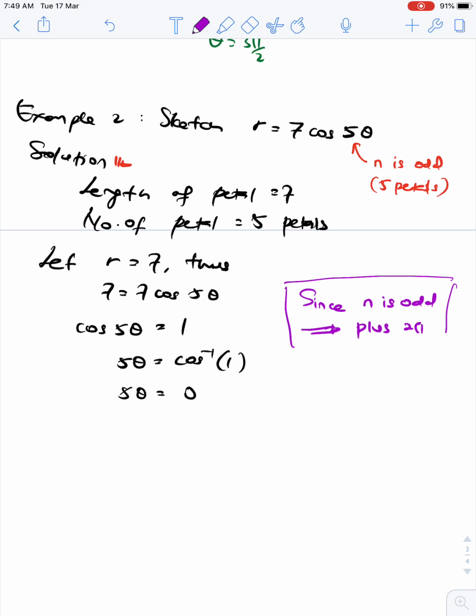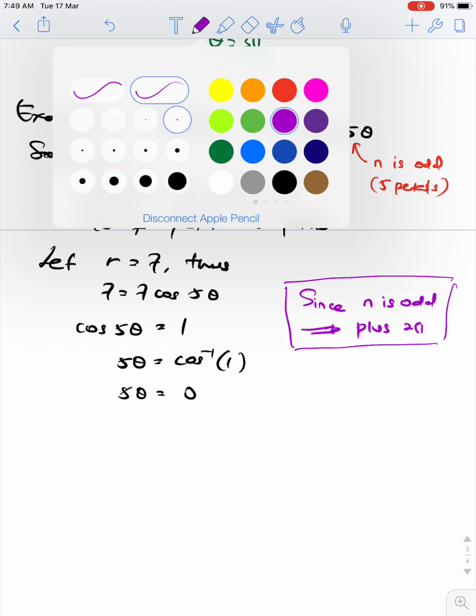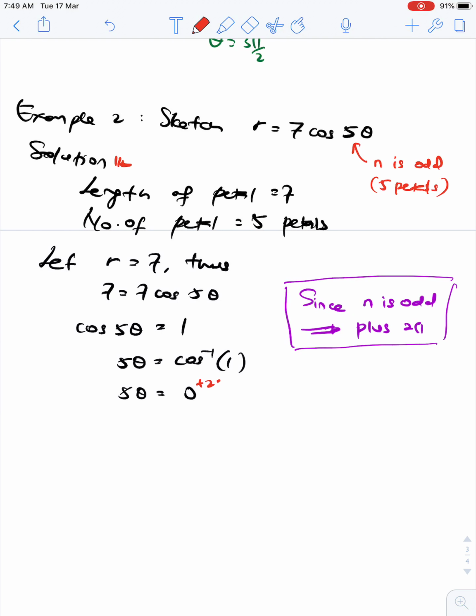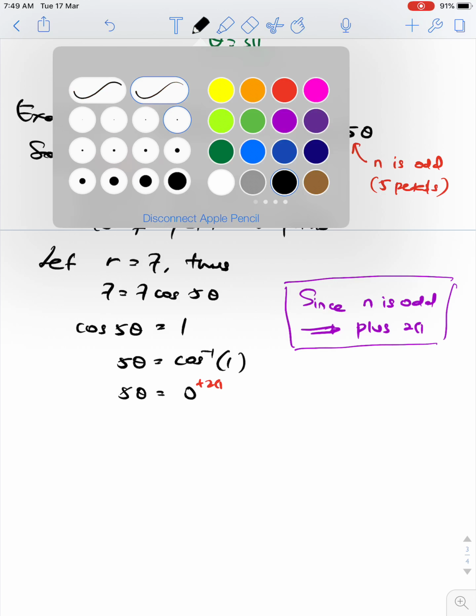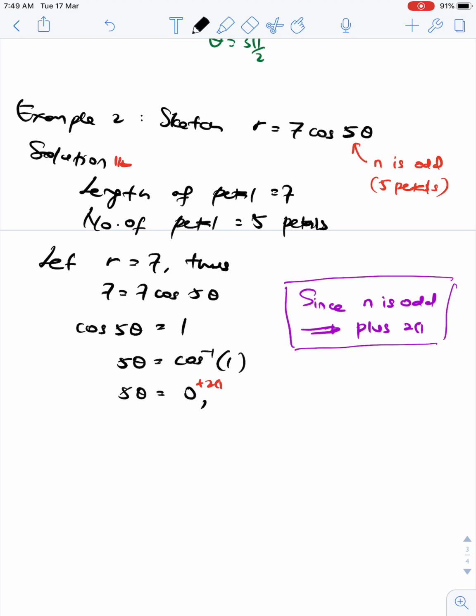So 0 plus 2 pi is 2 pi, plus 2 pi again we get 4 pi, plus 2 pi again we get 6 pi, and plus 2 pi we have 8 pi, so stop.